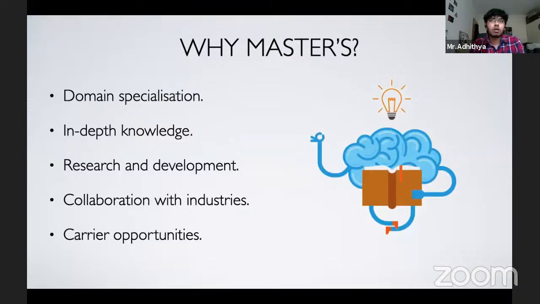And the final one is your career opportunity. So doing a master's gives you a chance to go a step ahead or a few steps ahead in your career. But it also depends on the skill sets you develop during your studies.